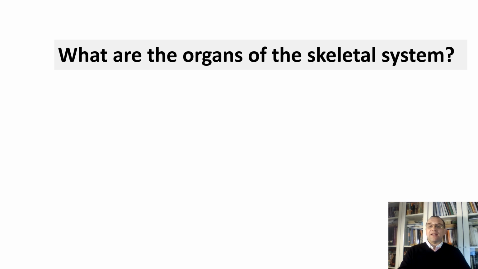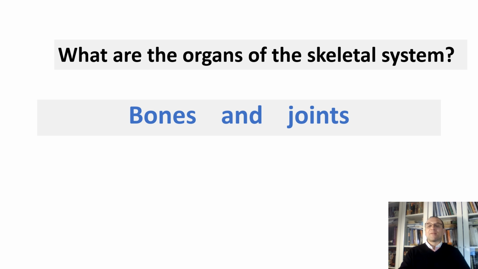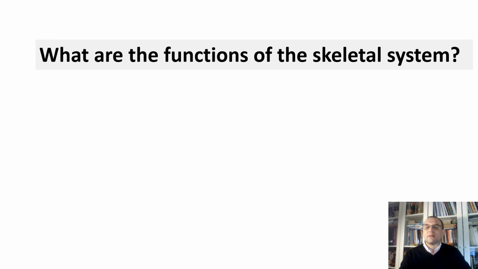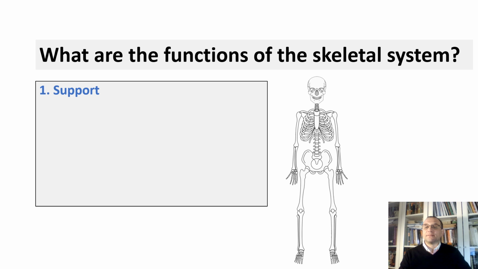Now, question again. To review what we just said, what are the organs of the skeletal system? Bones and joints, of course. What are the functions of the skeletal system?